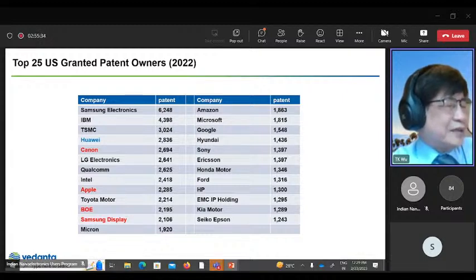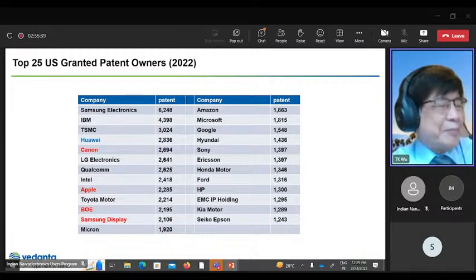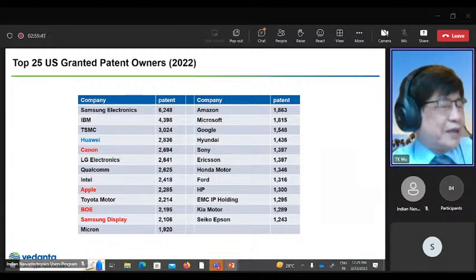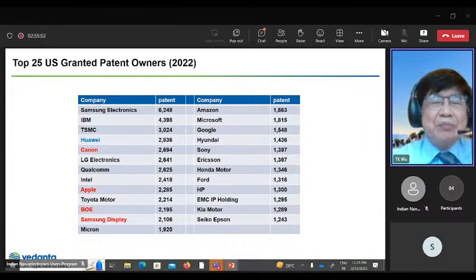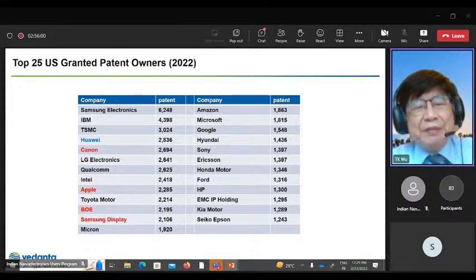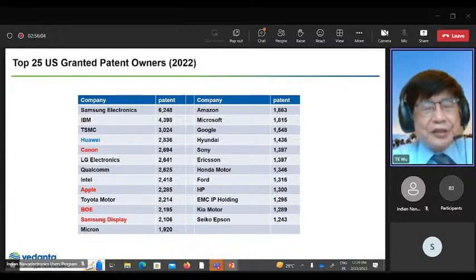I would say that display is as energetic as semiconductors in terms of innovation. The granted patent and filing numbers of TFT LCD are still increasing. The number of patent owners is still increasing too, because more and more companies are creating patents, and the number of patents being granted by the patent office is still increasing.